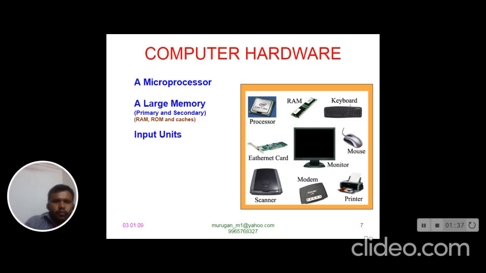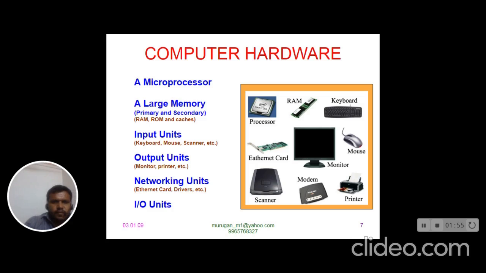We are having input units in the computer hardware, that is keyboard, mouse, scanner, etc., and the output units, monitor, printer, etc., networking units, that is Ethernet card and drives, and IO units, which belong to modem and fax devices.